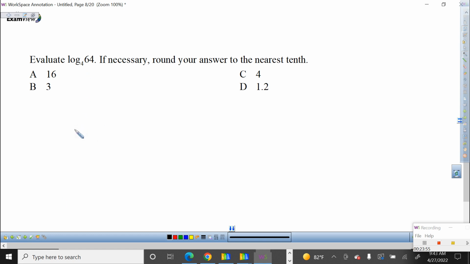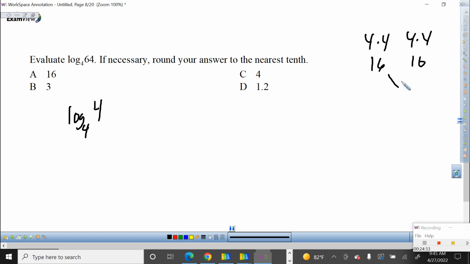Do that one by yourself. Very similar to the one we just did. We got log base 4, and now we need to write 64 in base 4. Yes? I'll give you some time for that. Go. Four to the what gives us 64 now? 4 to the fourth. Let's see. 4 times 4 is 16.